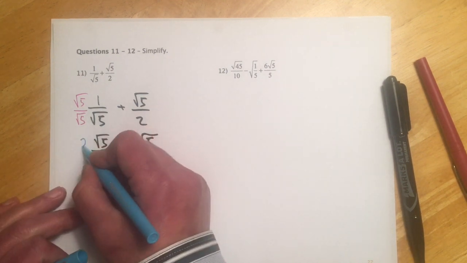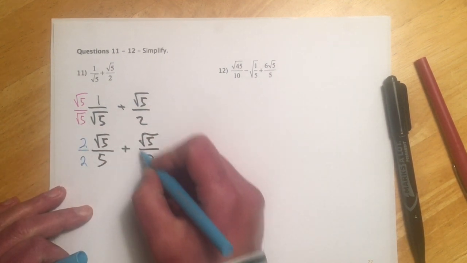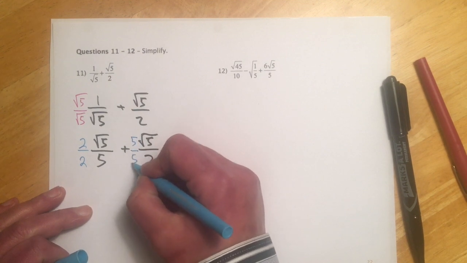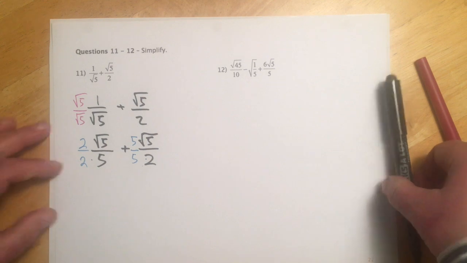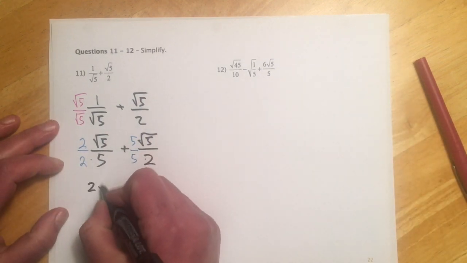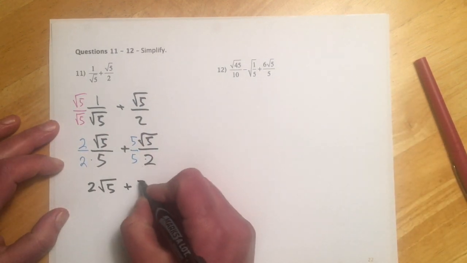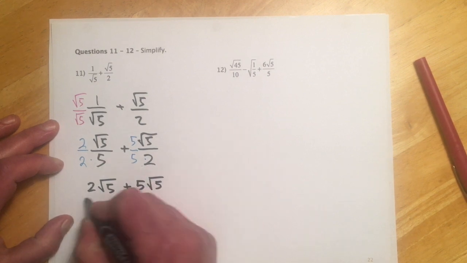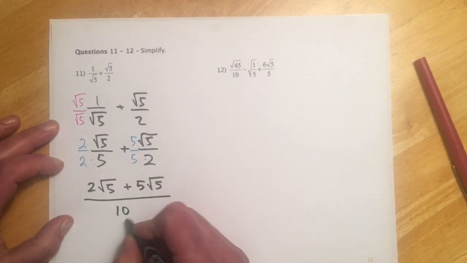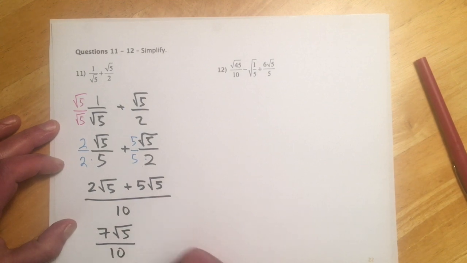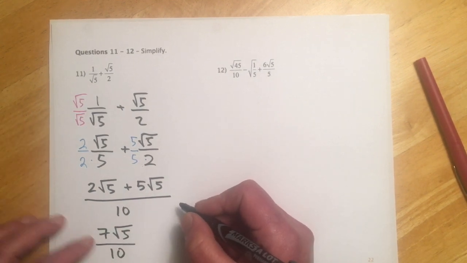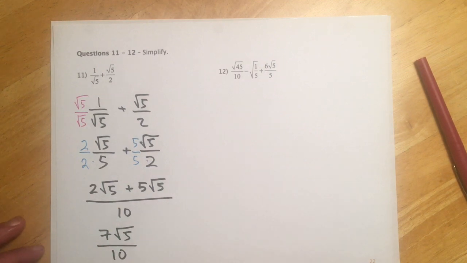So this side's going to need 2's. This side's going to need 5's. And that will make both of these 10's down below. So then that gives me 2 square root 5 plus 5 square root 5 over 10, or 7 root 5 over 10. And 7/10 doesn't reduce, so that would be it.